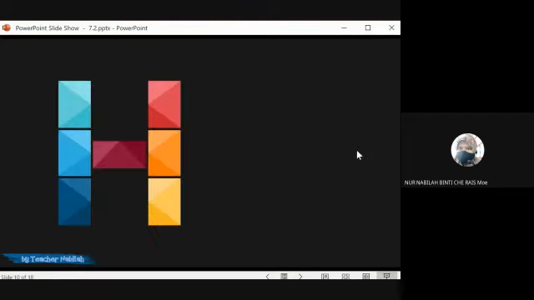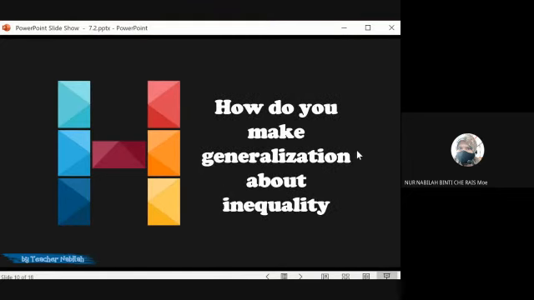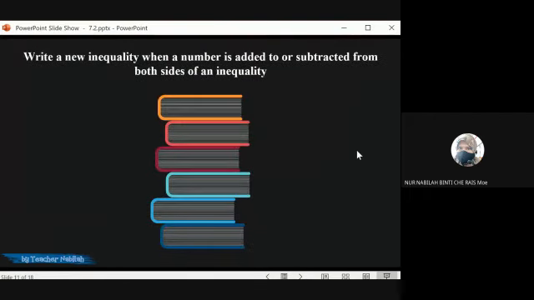Okay, next. How do you make a generalization about inequality? An inequality stays true when a number is added to or subtracted from both sides. For example, you are given negative 2 more than negative 3.